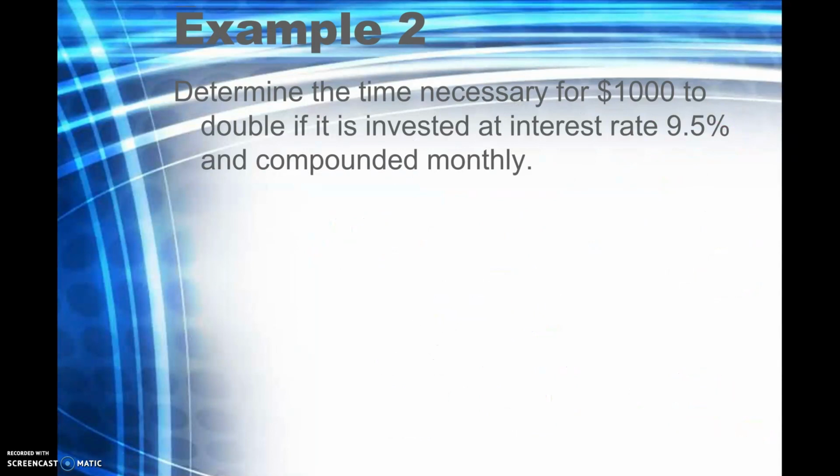Determine the time necessary for $1,000 to double if it's invested at an interest rate of 9.5% compounded monthly. If it's compounded monthly, it is this formula. N is how often it's compounded, so monthly means that N is 12.